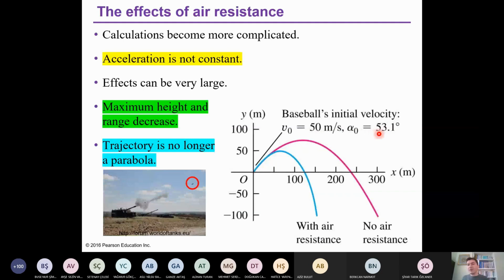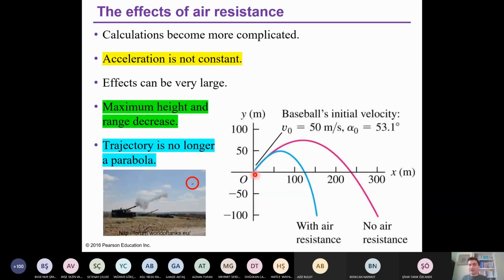And if there is no air resistance, let's consider you throw this baseball with this velocity and angle in vacuum condition, there is no air resistance, then you have perfect parabola behavior of the baseball, okay? But if you consider air resistance, then the maximum height of the baseball is less than in this case, and so is the range along the x-axis.